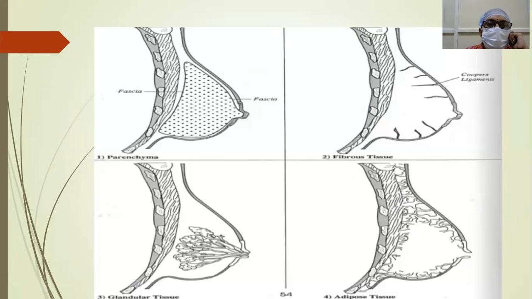You can look at here. This is the fascia. These are the fibrous septa or the Cooper's ligaments. This is the glandular tissue, and the rest is the adipose tissue or the fat. So 80% is fat.